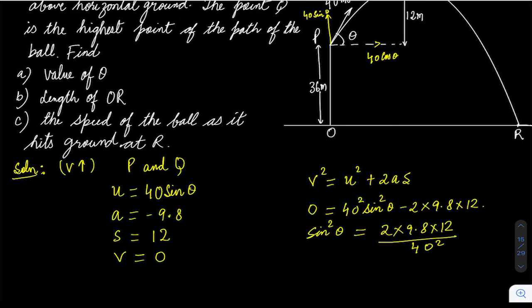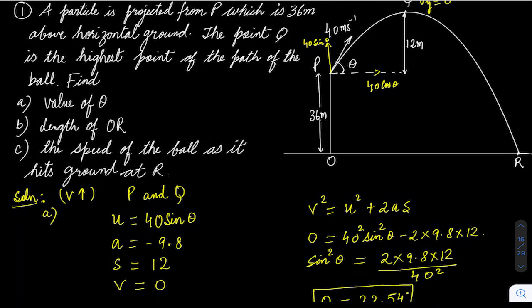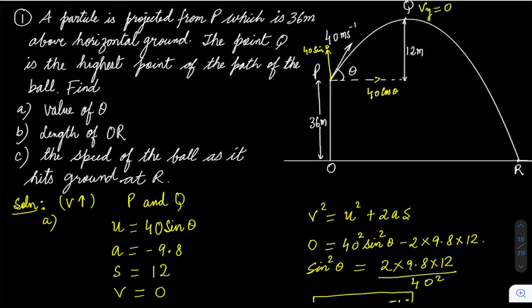Let's find the sine theta value, or we can get theta straightforward. Theta is approximately 22.54 degrees. So that is my A part, the value of theta. Basically we use the SUVAT equation in y direction.